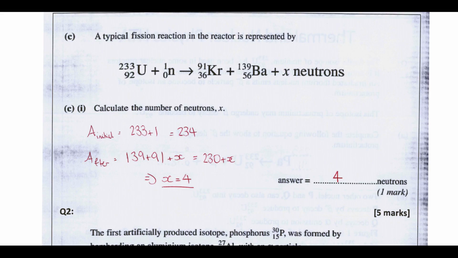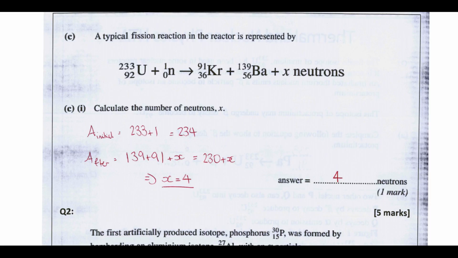So the final part of the first question is we've got a typical fission reaction, so a neutron being added onto a uranium nucleus, and it splits up into two what's called daughter particles. I think there's krypton and barium, I think. Well, I'm not exactly sure, but it doesn't really matter. And we've got some number of neutrons given off by this reaction.